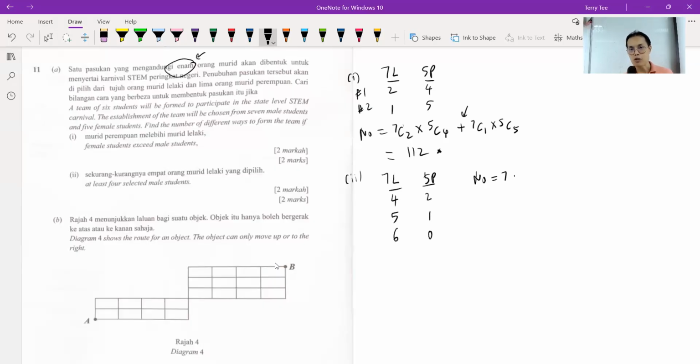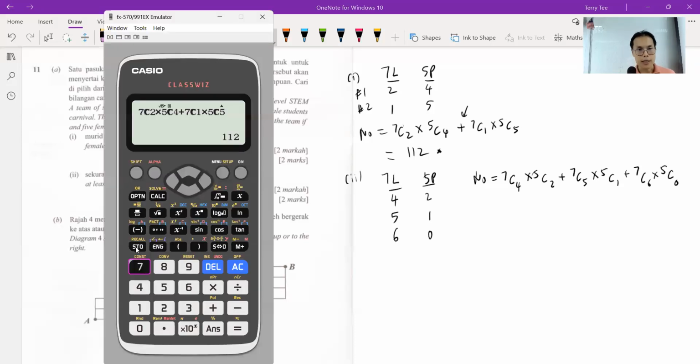Number of ways would be 7 choose 4, 5 choose 2, 7 choose 5, 5 choose 1, 7 choose 6, 5 choose 0. Use a calculator. 7 choose 4, 5 choose 2, then 7 choose 5, 5 choose 1, lastly 7 choose 6, 5 choose 0.